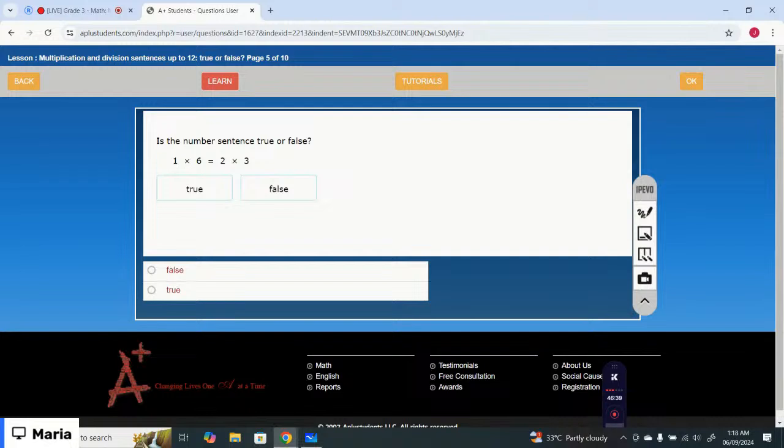Is the number sentence true or false? 1 times 6 equals 2 times 3. Which is the correct option?